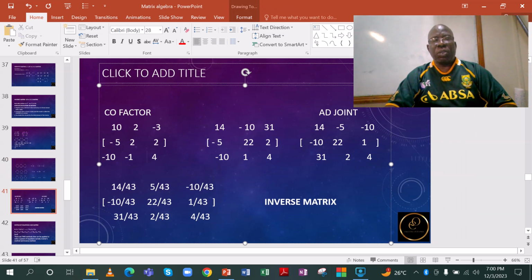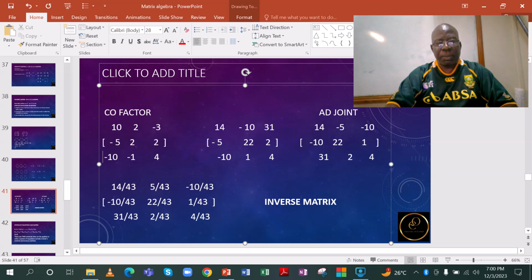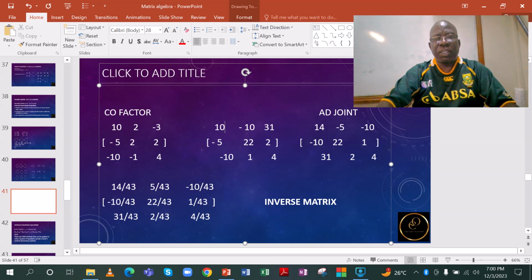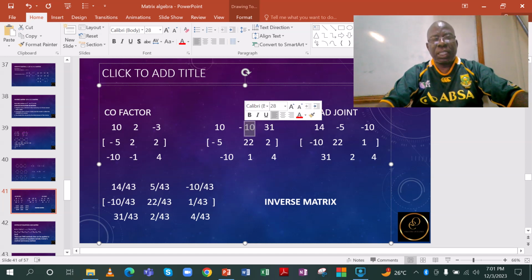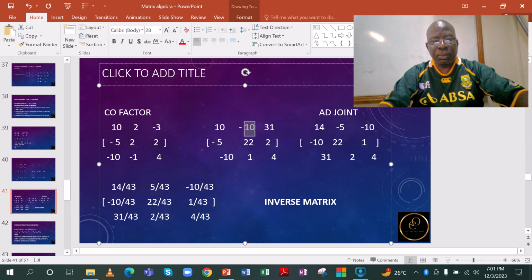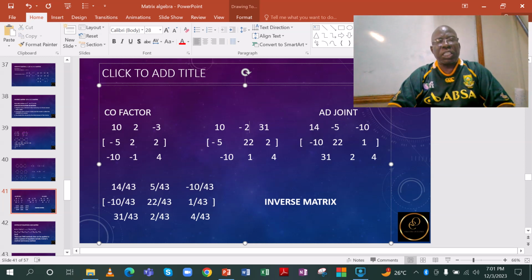Okay, so now we consider the signs. The first one assumes a positive because it is in row 1, column 1. This one assumes a negative because it is in row 1, column 2.